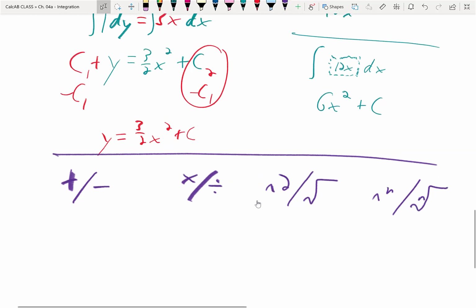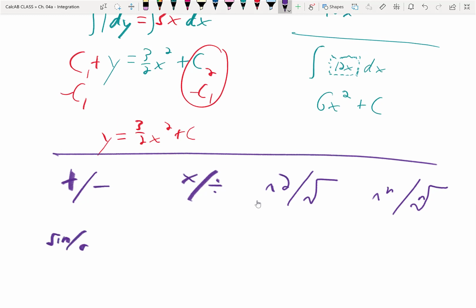You guys know a lot of other opposites like sine and arc sine. You know e to the and the natural log of something are each other's opposites. You know that b to the and a log base b are each other's opposites. These are all opposite operations that you guys have learned.